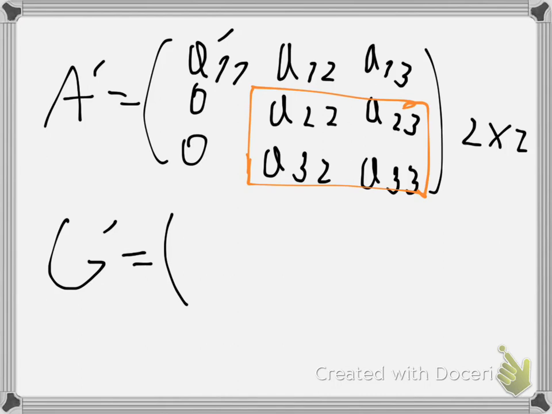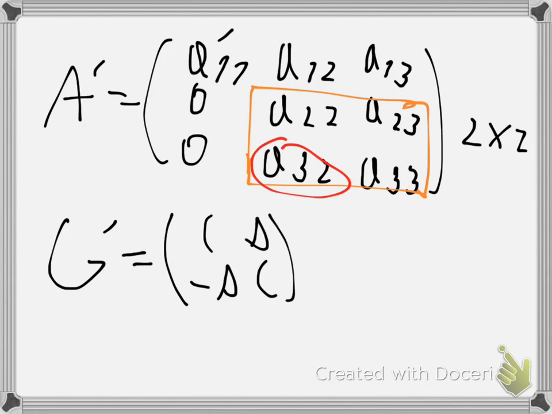And so remember, we want to eliminate A32 in this case, so we will put a negative sign here, a sine here, a cosine here, and a cosine here. Now, we want to apply it to A, but J doesn't have the same number of columns as A has rows.